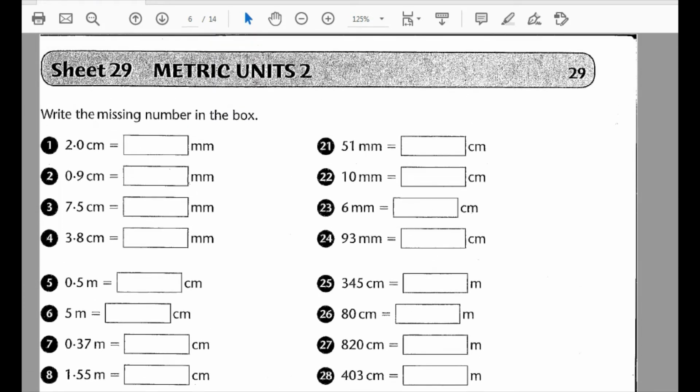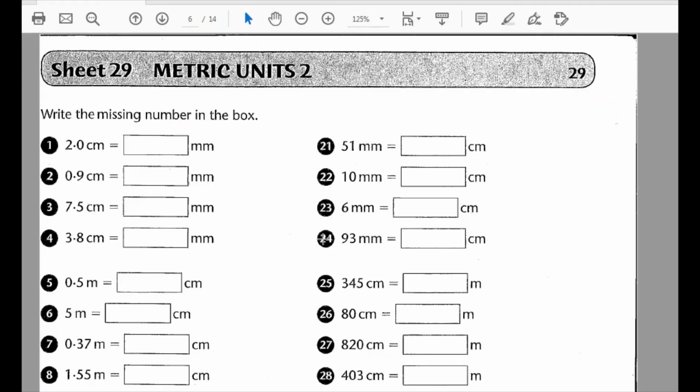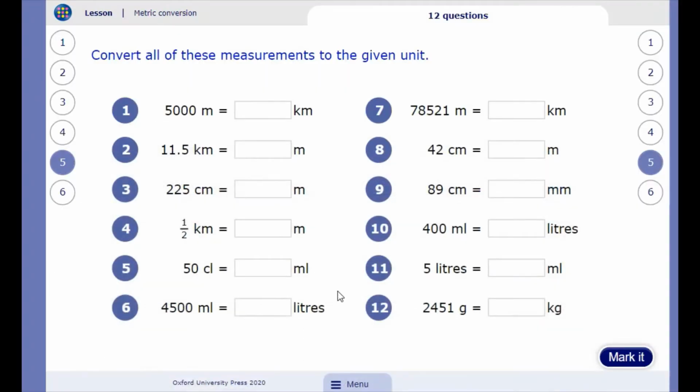But you might want to have a go at least at some of these ones just to get you started. I'm going to go through number 1, number 4 and number 7, just to show you again how to use those loop diagrams. But as I said, you might want to just start working through sheet 29, but that's up to you.